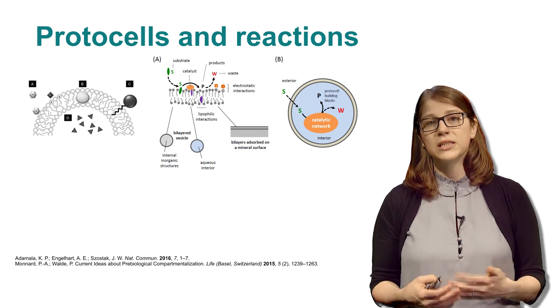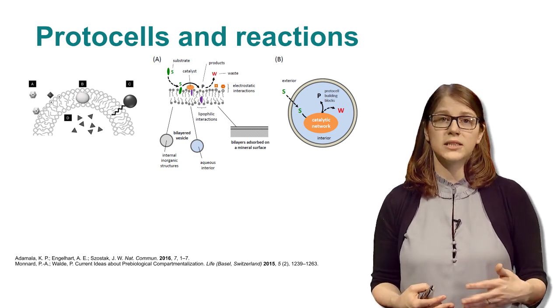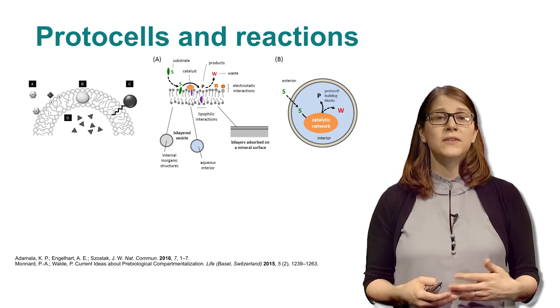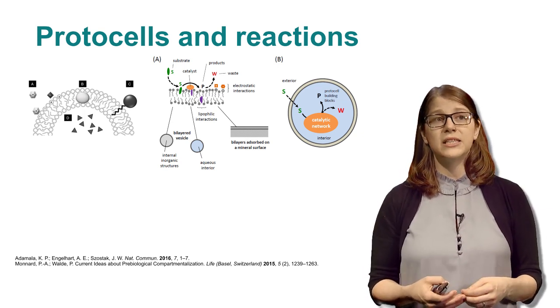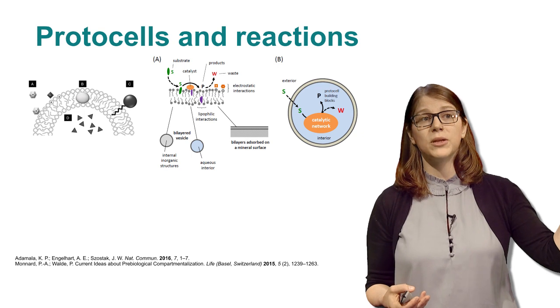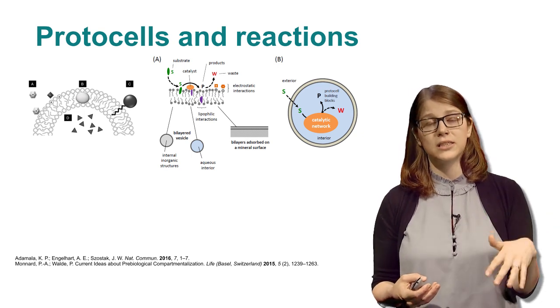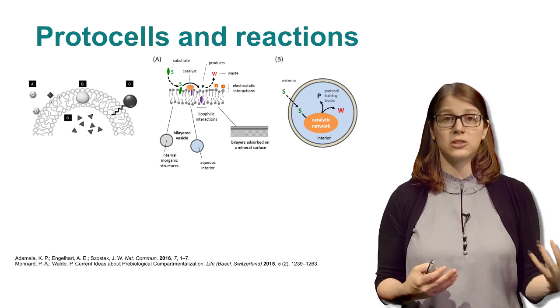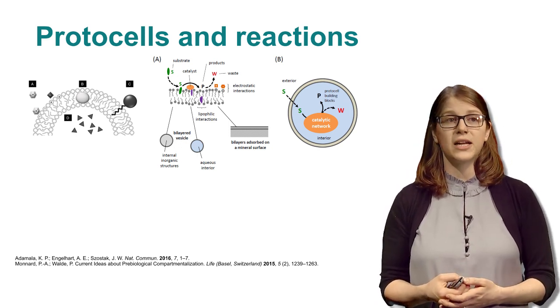And additionally, we expect that some of the products of the reaction are not useful, and so we call those waste. The benefit of a surface-driven reaction is that the waste can just diffuse away into the environment, while the products and the substrates are associated pretty strongly with our bilayer, maybe through electrostatic interactions or hydrophobic interactions.